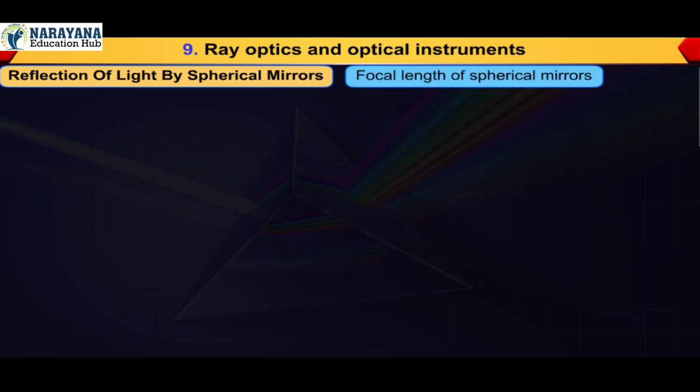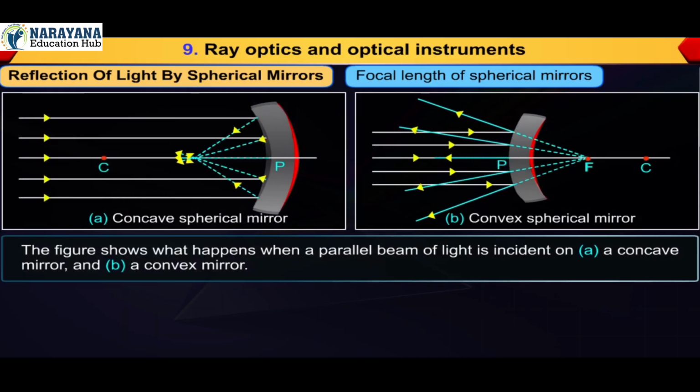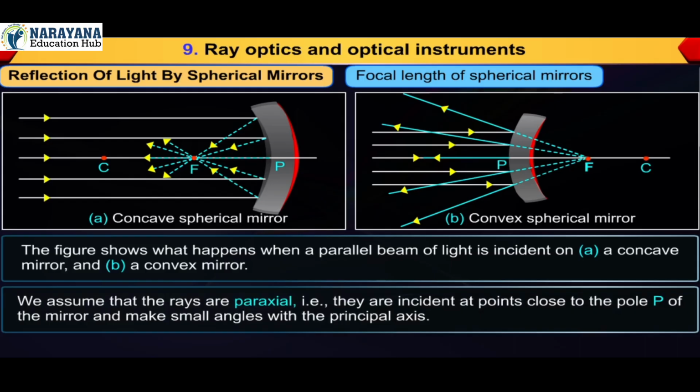Focal length of spherical mirrors. The figure shows what happens when a parallel beam of light is incident on A, a concave mirror, and B, a convex mirror. We assume that the rays are paraxial, that is, they are incident at points close to the pole P of the mirror and make small angles with the principal axis.